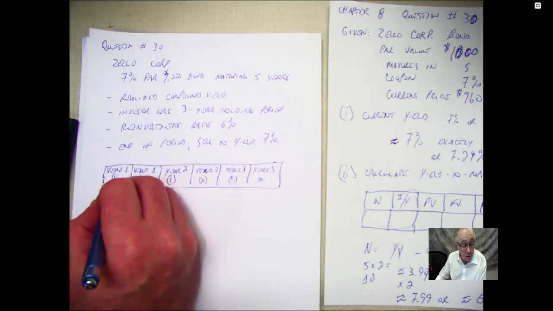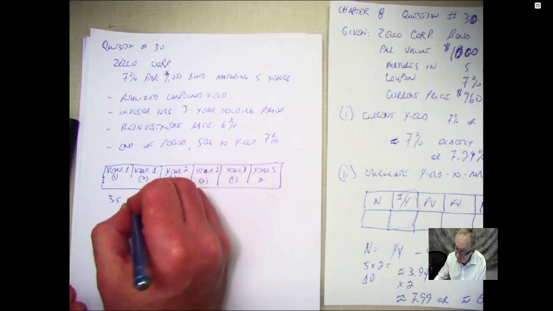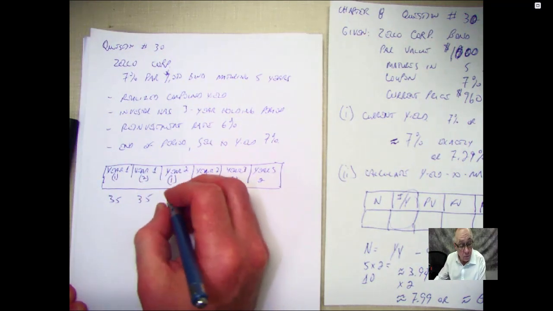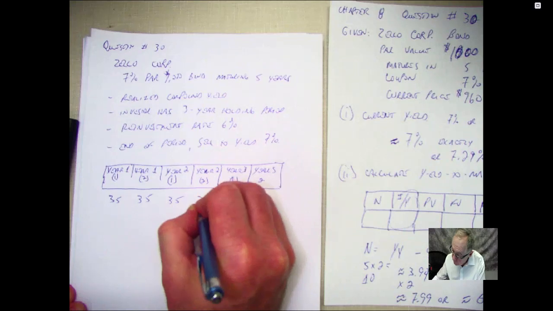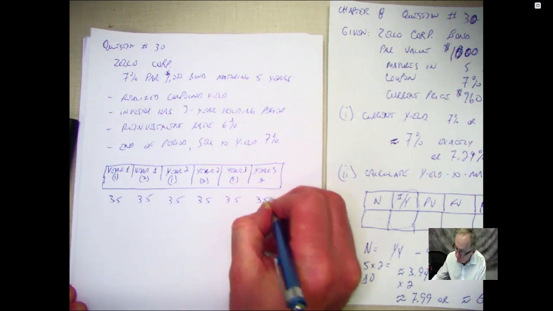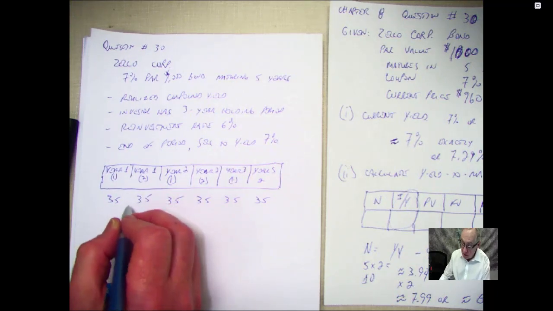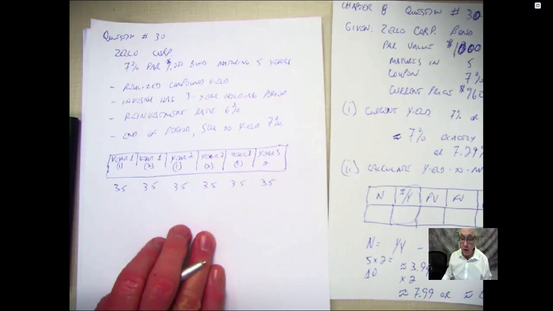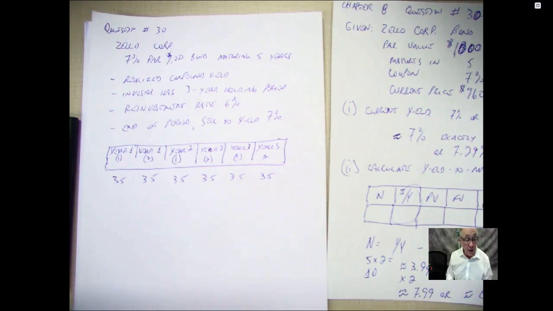In each period, we're going to receive $35. And the aggregate of that, of course, is our $70 yield on the bond.